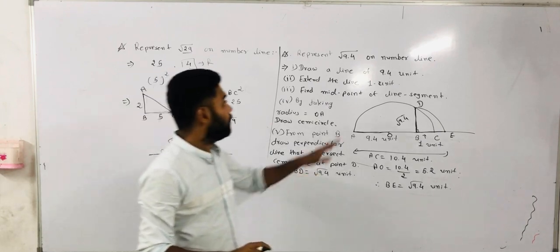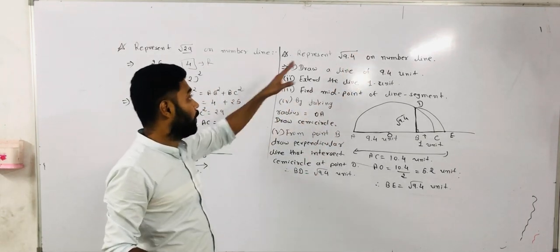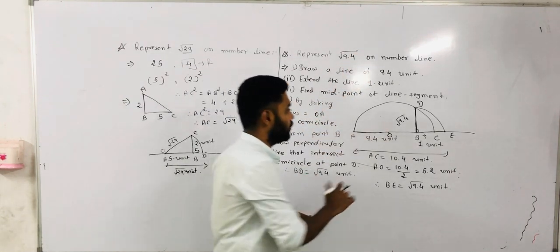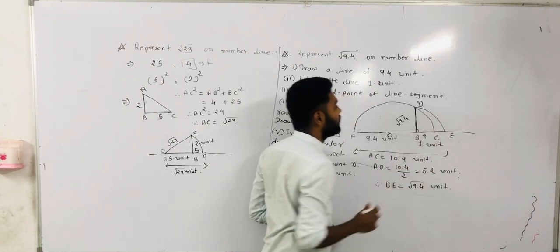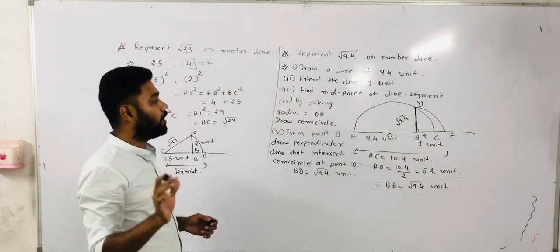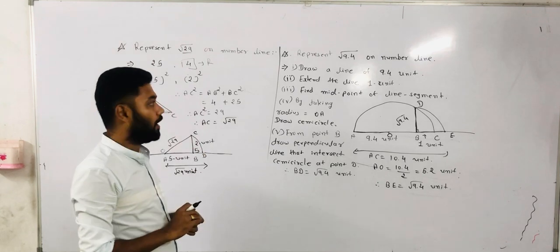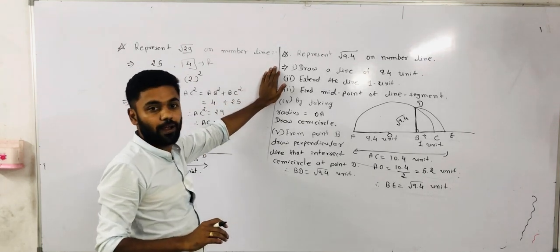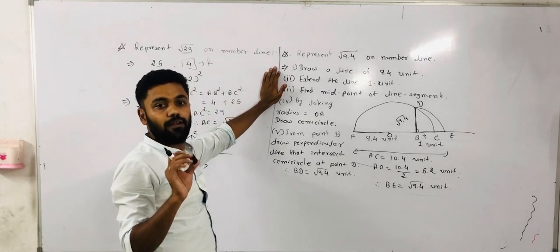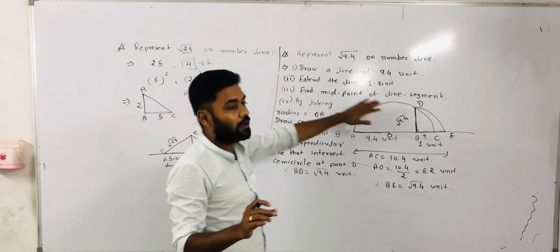This way you will get under root 9.4 on the number line. This distance is our desired distance, that is under root 9.4 on the number line. So by using this method you can find any irrational number on the number line.